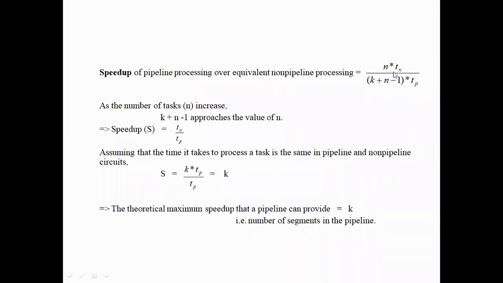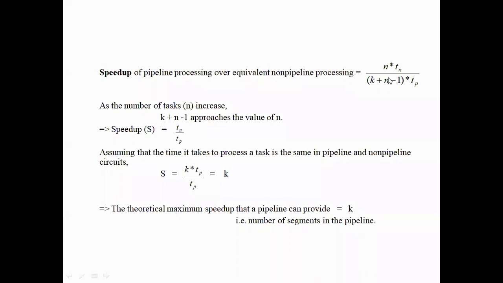For generalizing and simplification purposes, we can do some more calculations. We can say that when the number of tasks is very high, so if the number of tasks the processor is operating on is very large, then k and 1 can be neglected.